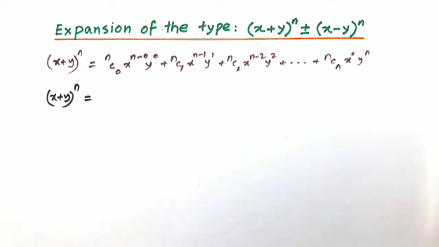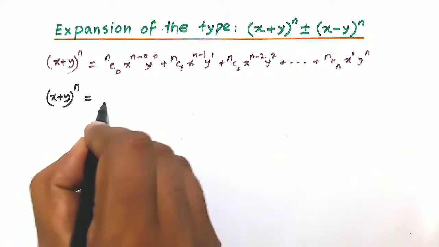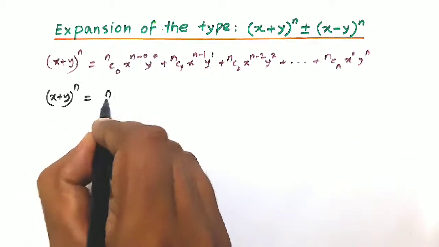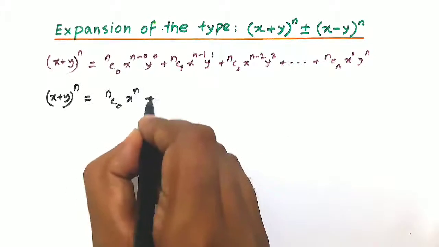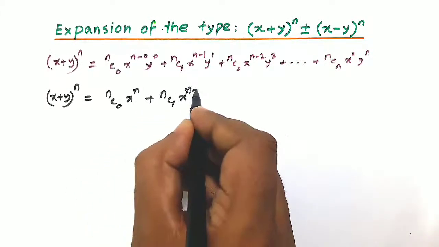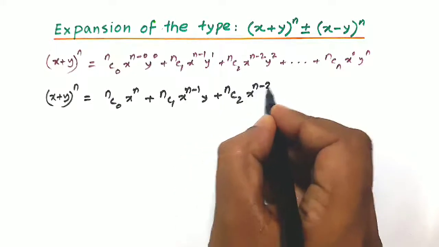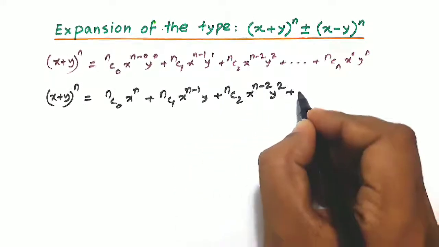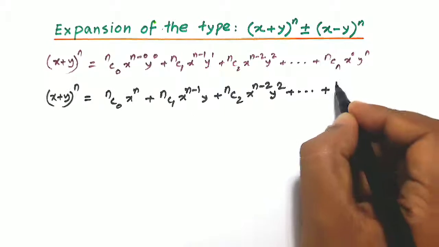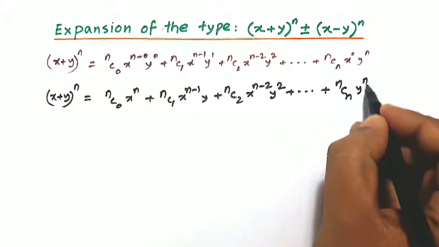Okay, so friends, (x + y)^n is nC0 x^n + nC1 x^(n−1) y + nC2 x^(n−2) y^2 + and so on, plus nCn y^n.